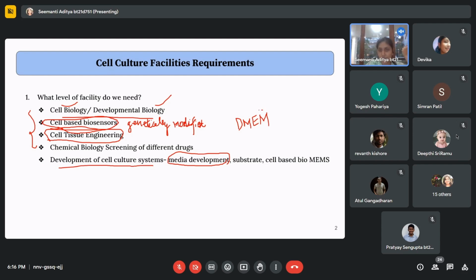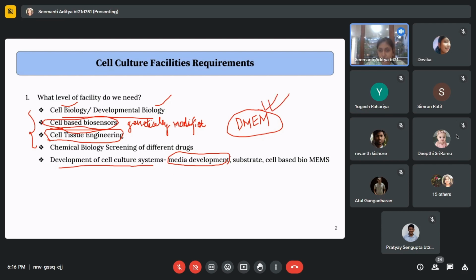So this medium contains most of all the things, except for a few differentiating agents or growth factors that are required in some specialized cells, some specialized neuronal cells. All other factors are present in this kind of media.